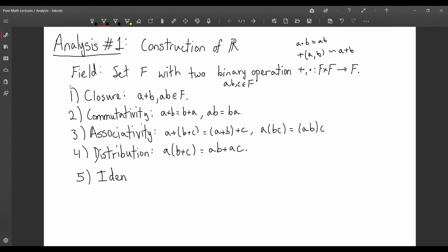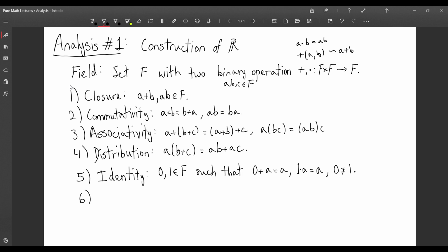The next property is that of identity, which is that we have two elements 0 and 1 in F, such that 0 plus a equals a, and 1 times a, and here I'll write the dot just to be clear, 1 times a equals a. And we further assume that 0 is not equal to 1.